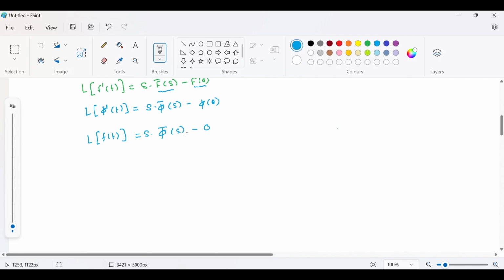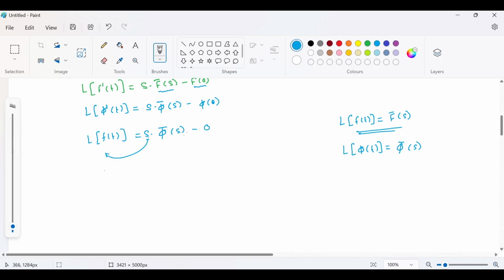Now what we have given: Laplace of f of t is equal to f bar of s, right? If you want to write the same equation in terms of phi, then how can I write? Laplace of phi of t is equal to phi bar of s, right? Now I'm going to take this s on the left hand side.